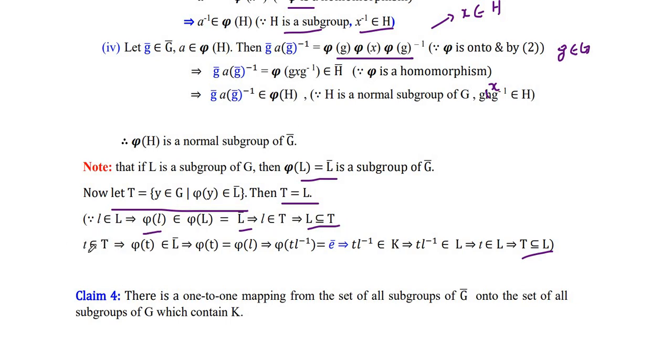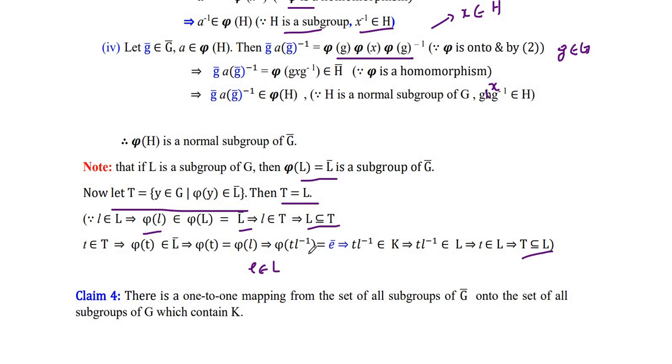Now for the reverse part, we shall consider t in capital T. If t is in T, by the definition of T, phi of t is in L bar. So that in turn implies phi of t equals phi of l, because L bar is phi of capital L, for some l in L. And here, as we did in the previous cases, in the one-to-one case and all, we can post multiply both sides by phi of l, the whole inverse, and make use of the fact that phi is a homomorphism, so that you will get this step.